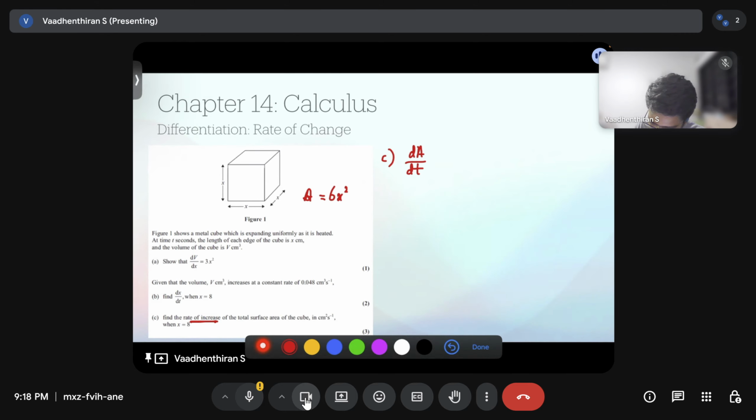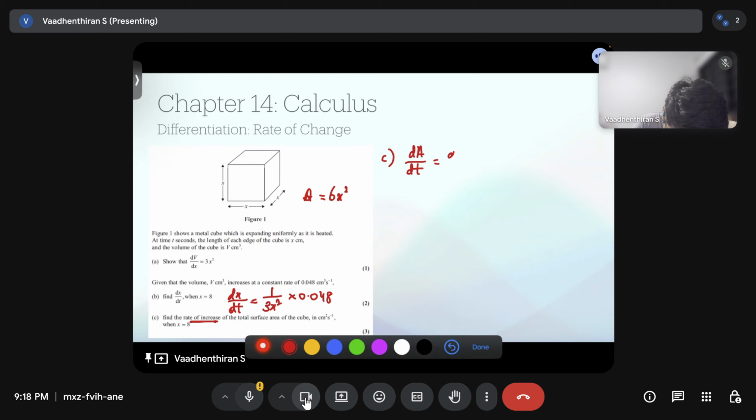We use the same approach. We know that dx over dt is 1 over 3x squared times 0.048, and we know dV over dx. Now again use the chain rule which we did before: dA over dB is equal to dA over dC times dC over dB. The same applies here; you just need to add another variable.